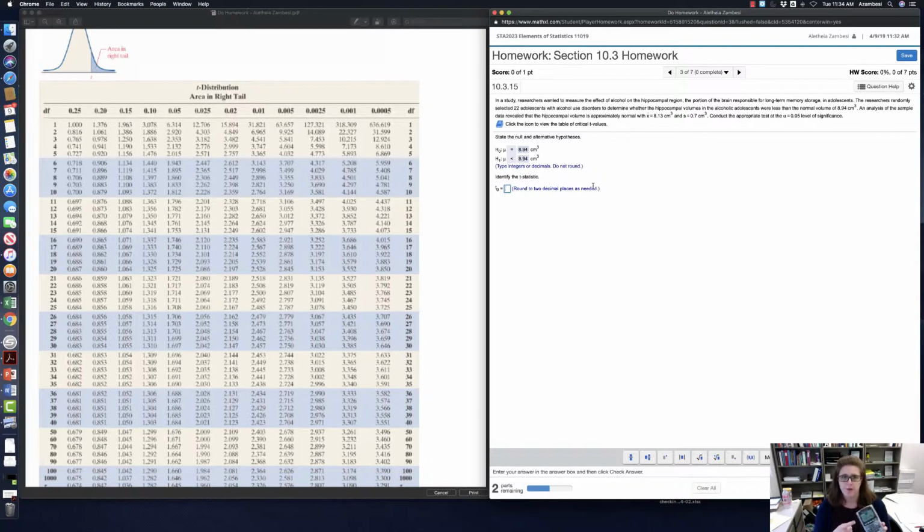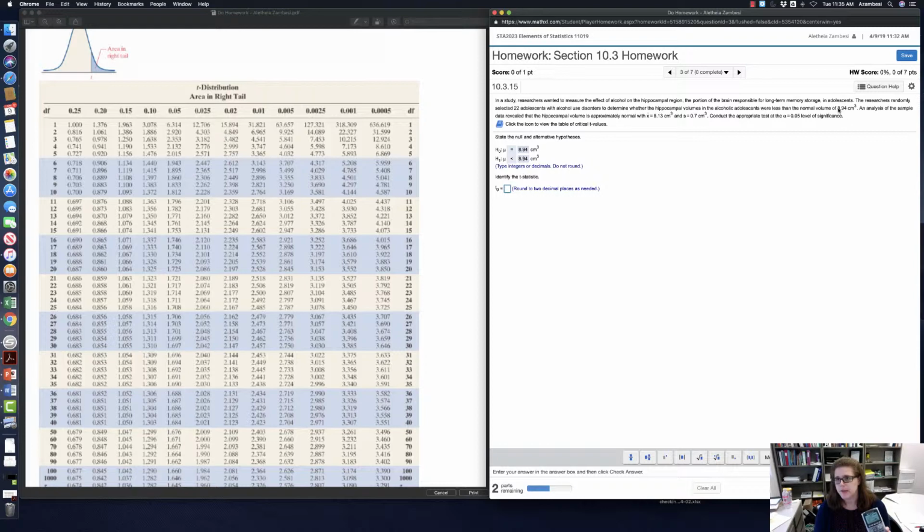Now, if I am looking at this particular problem, I'm using stats. The difference between data and stats is data gives you individual data points that you have to put into your list, versus stats give you summary statistics like X bar and S. So I'm going to change that to stats, and then it gives me my mu sub 0.